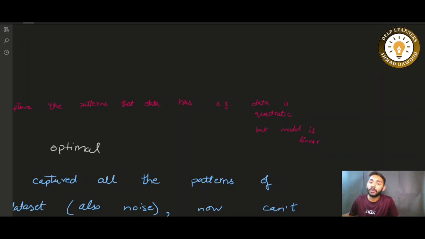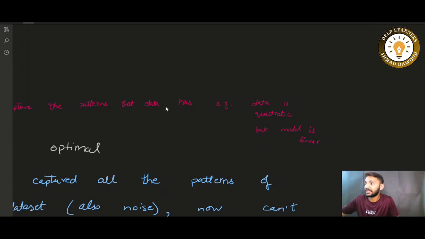If your model is not powerful enough to capture the patterns and the trend that your data set has, it will give a very high error on the training data points and on the testing data points.